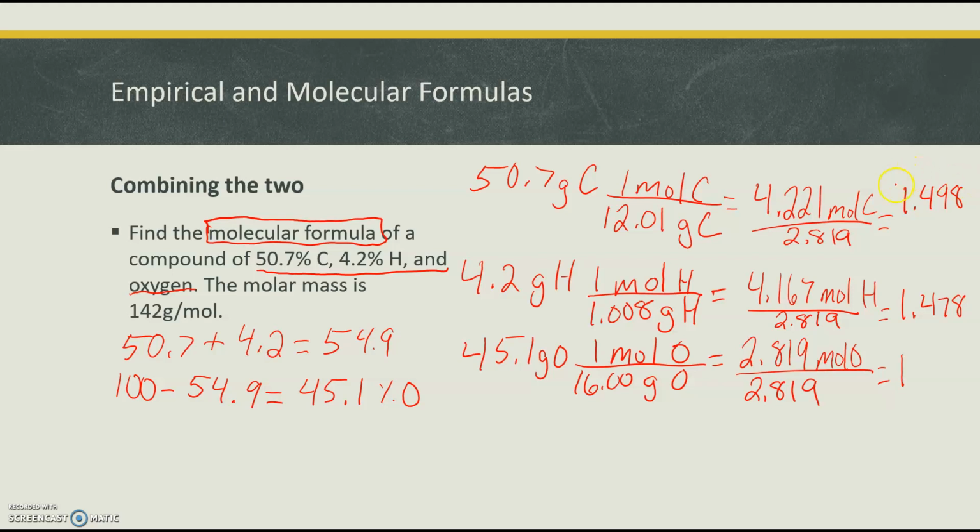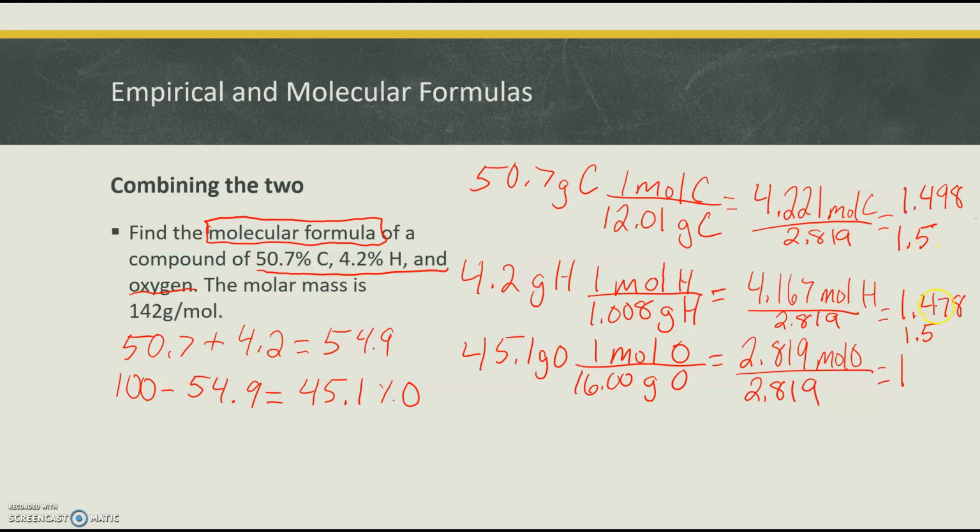At this point, remember, we want to multiply by the smallest number that'll give us a whole number. For this, we often use our magic box that we talked about earlier. Looking at our decimal, this rounds very, very closely to 1.5, so that's the number we're going to round to. Here for hydrogen, it's the same thing, so we're going to round to 1.5.